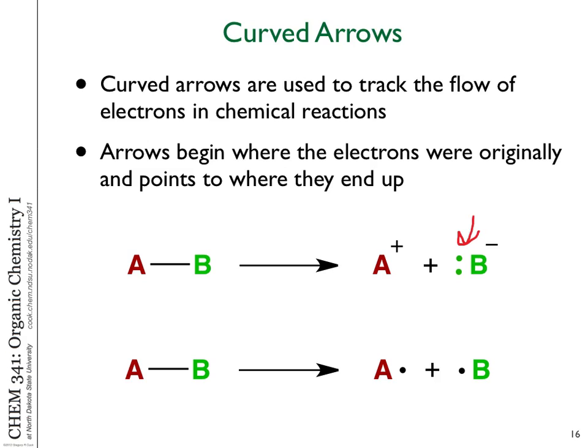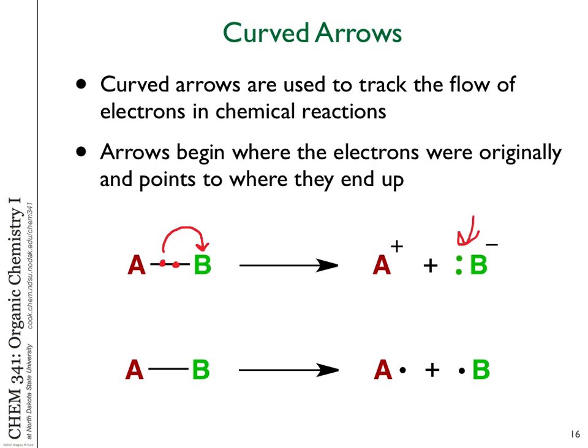So if I wanted to represent with a curved arrow how those electrons are flowing, I know the two electrons are here in this covalent bond, and those two electrons are ending up on B, and so I draw the curved arrow like that, starting from where the electrons were to begin with and where they're going to end up in the product. Okay? This representation tells you that you're taking electrons away from A and giving it to B. So actually what happens is you get an A plus and a B minus.